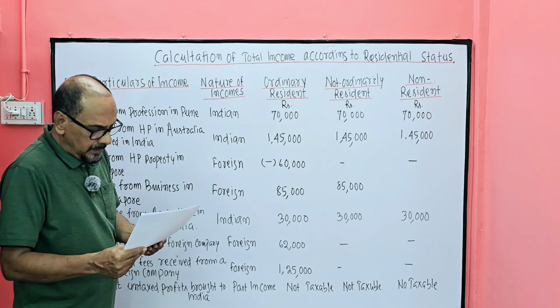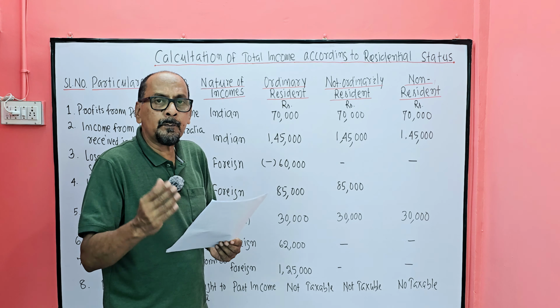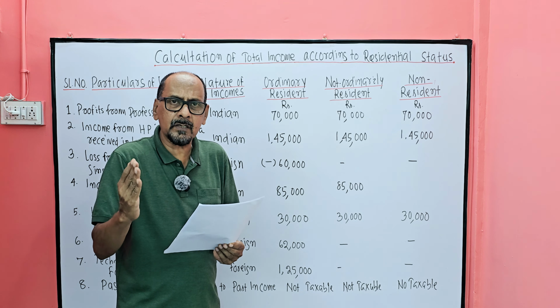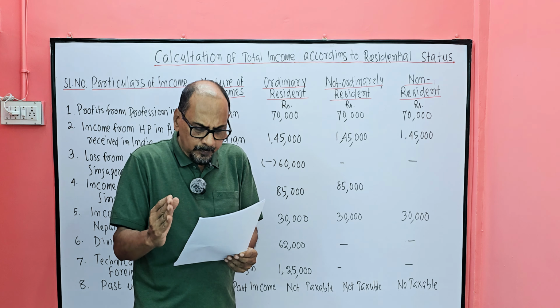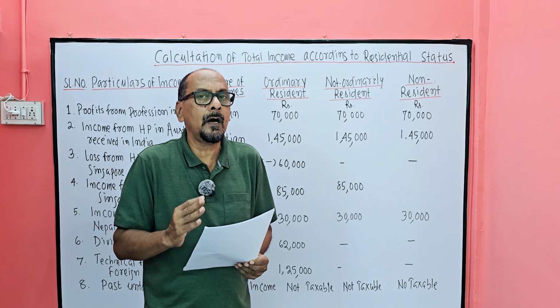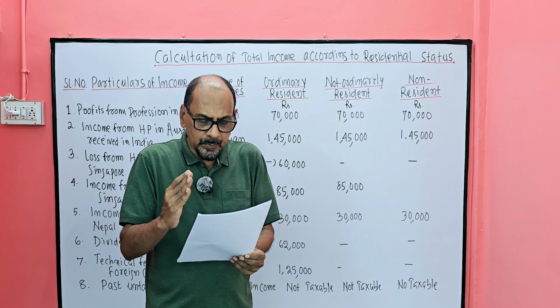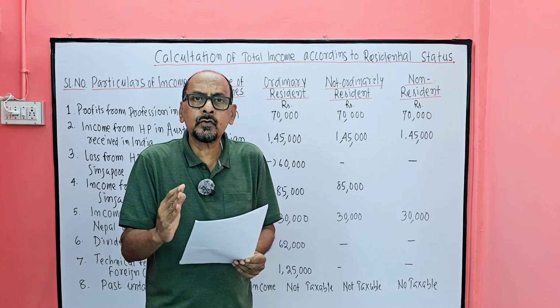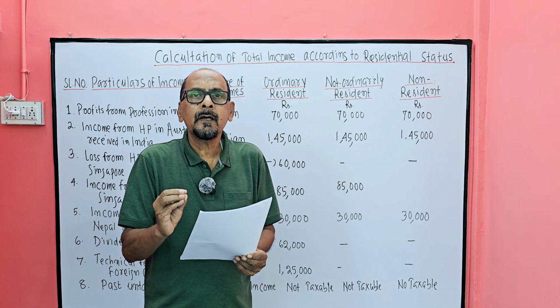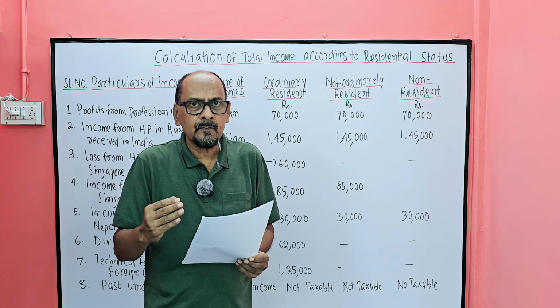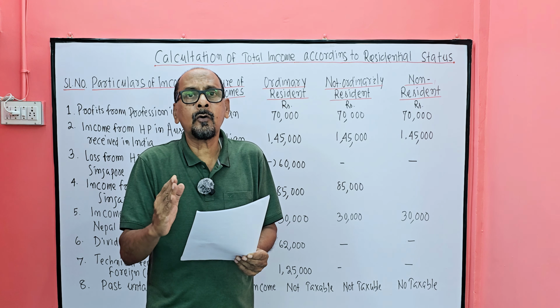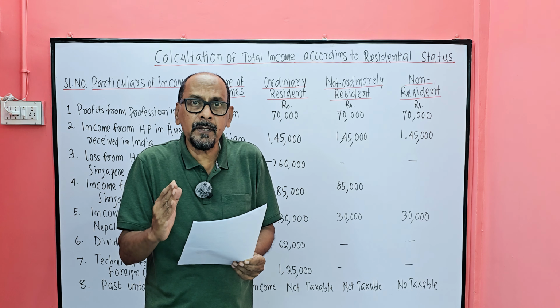And the next one, the fourth transaction, is income from a business in Singapore, controlled from India. It will mean that yes, a business is going on in Singapore, abroad, but it is being controlled or managed from India.